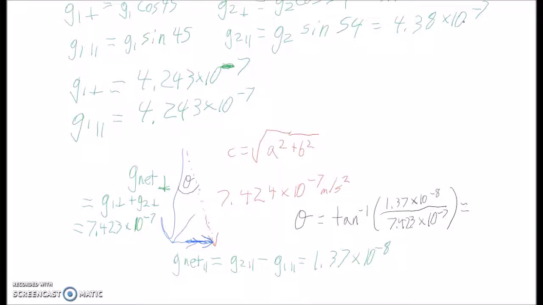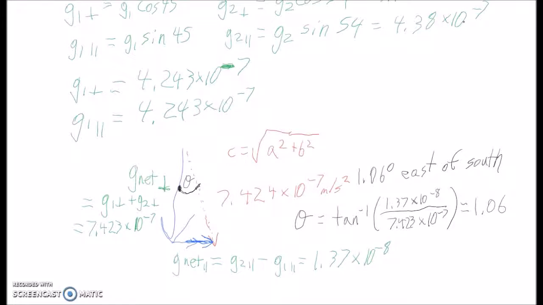Do that calculation, you should get 1.06. And if you look at this, this is south, right? Straight down. I'm going to call it east of south. So our final answer is 1.06 degrees east of south.